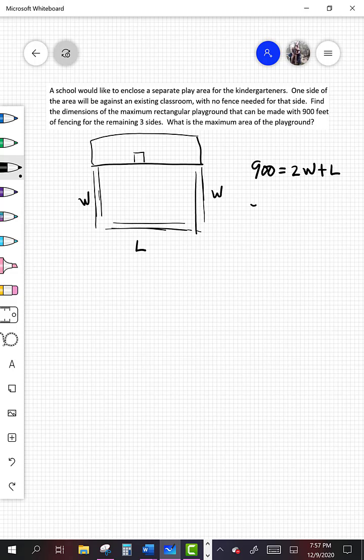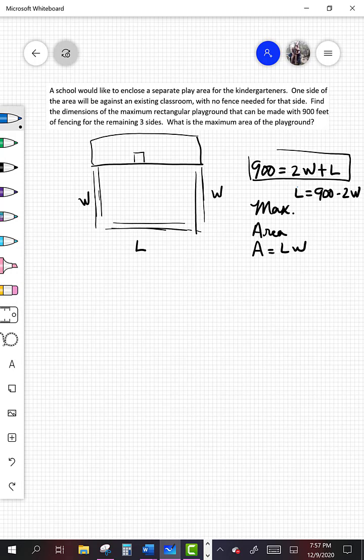We're trying to maximize our area. And we know the area of a rectangle is length times width. So we want to have our area in terms of either just length or width. So let's solve for length in this constraint. And so length is equal to 900 minus 2w.